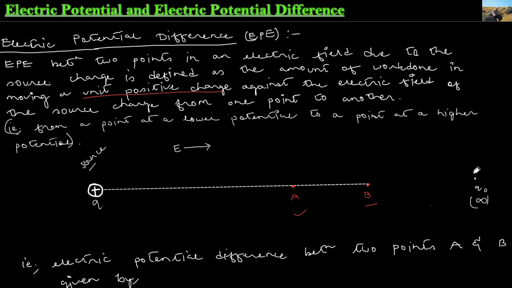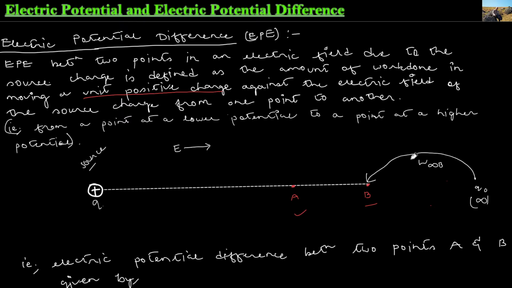If you want to bring this charge from infinity up to point B, you have to do a certain work. So let that work done in moving the charge from infinity up to point B be represented by W, infinity to B.